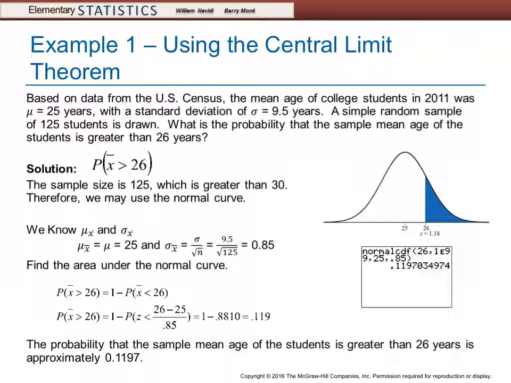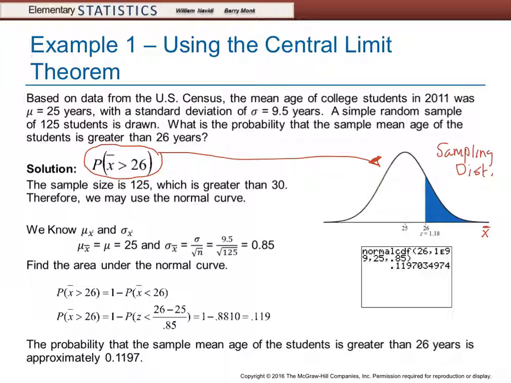Well, here's our probability statement. And here is our diagram. So this diagram is x bar. It's our sampling distribution. And now we say the sample size is 125, which is greater than 30.